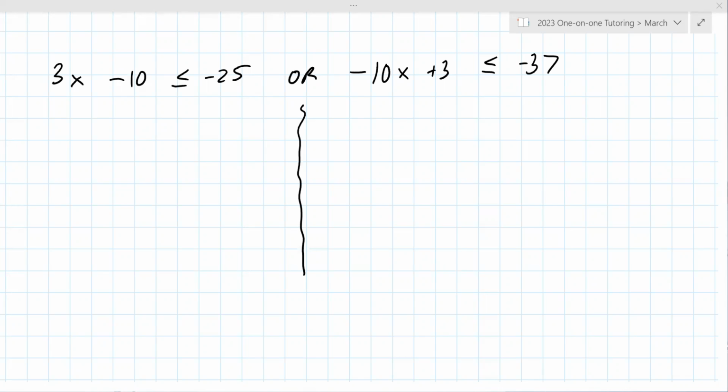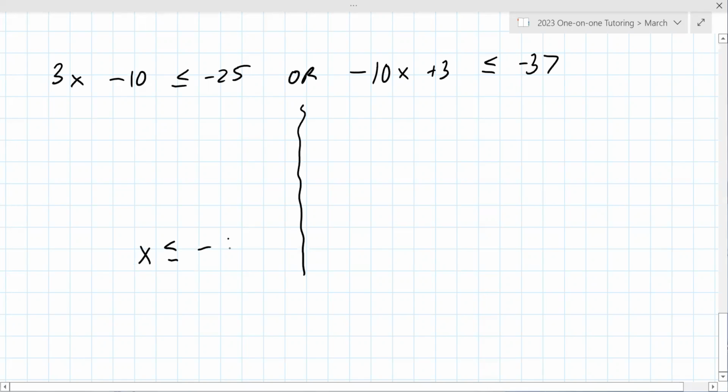So for the first one, I got x is less than or equal to -5. Very good. Okay, and I'll solve the next one. So on the right here, I want you to just be forewarned that you're going to divide by a negative. So at some point you will flip the inequality here.